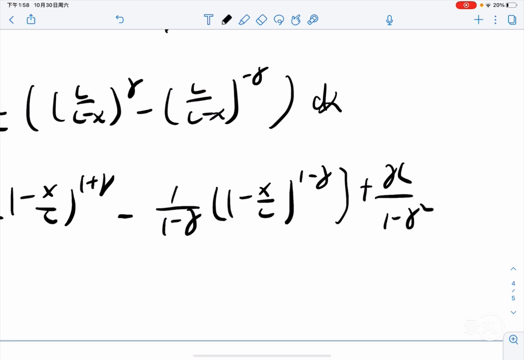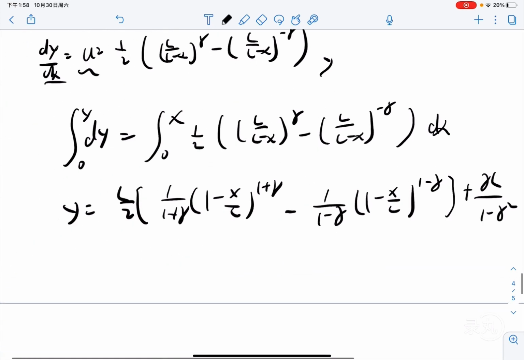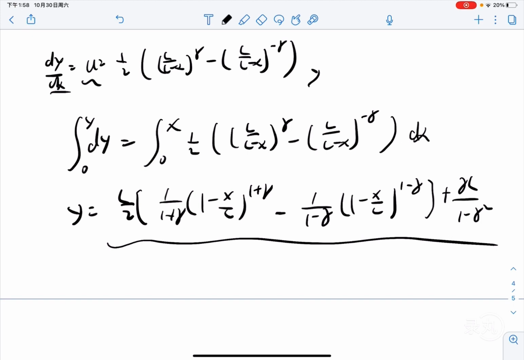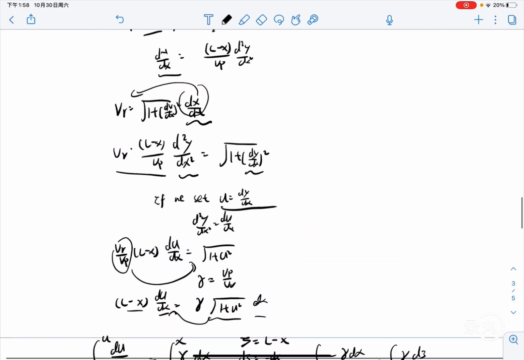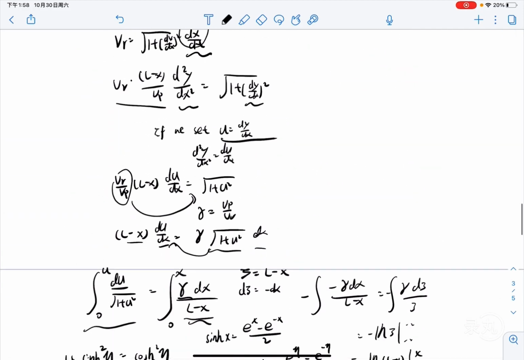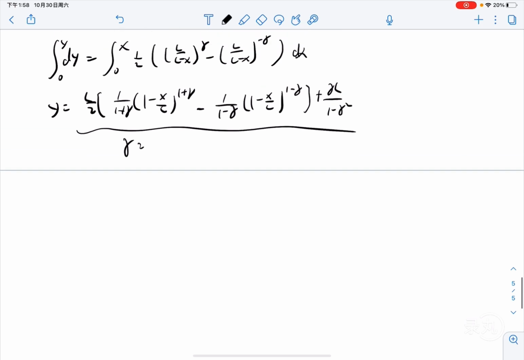Okay, here. So this is the trajectory of the function, where gamma is equal to v person divided by v rocket.